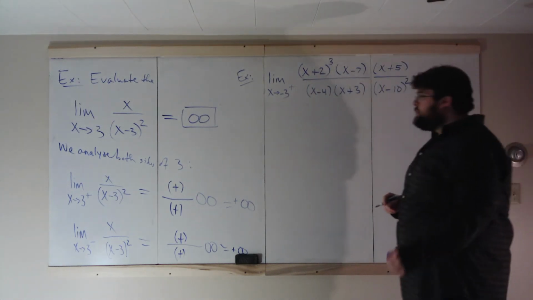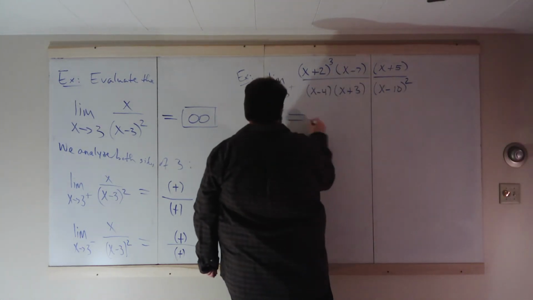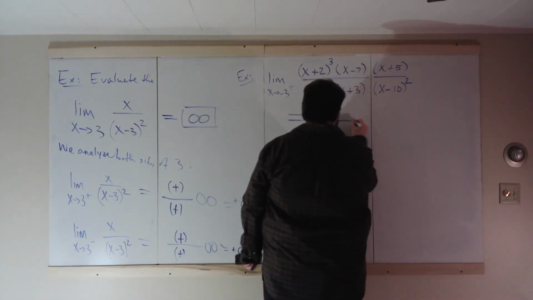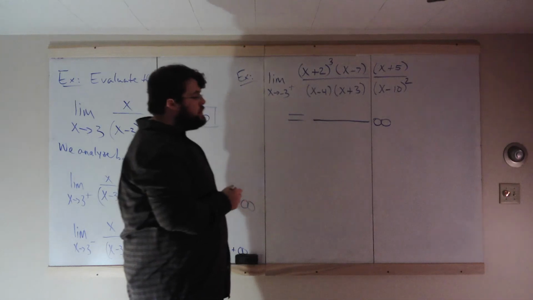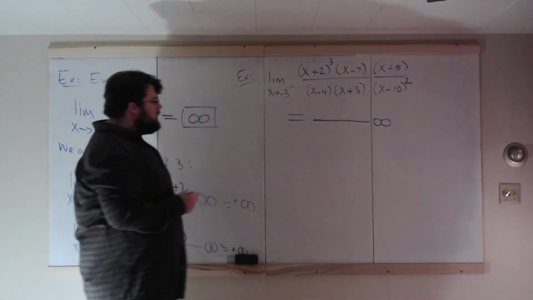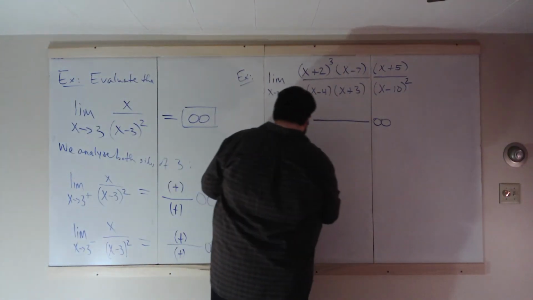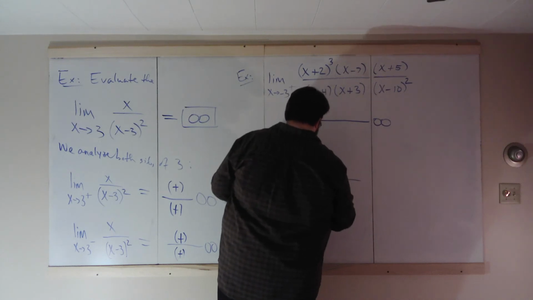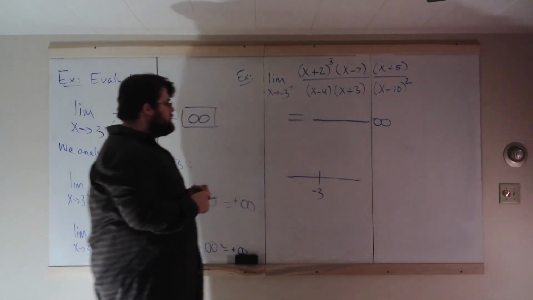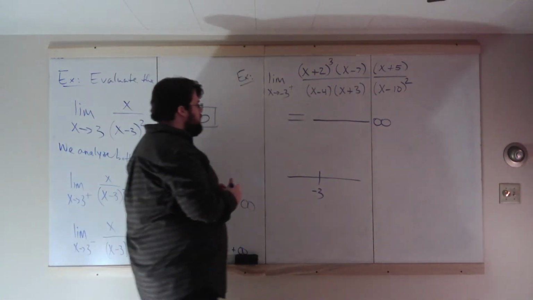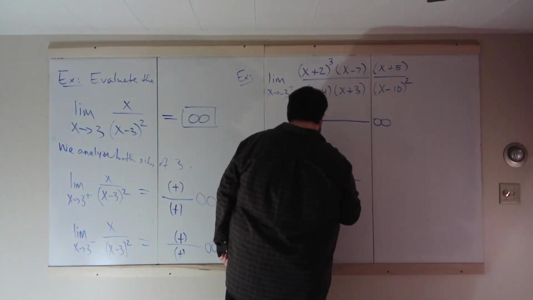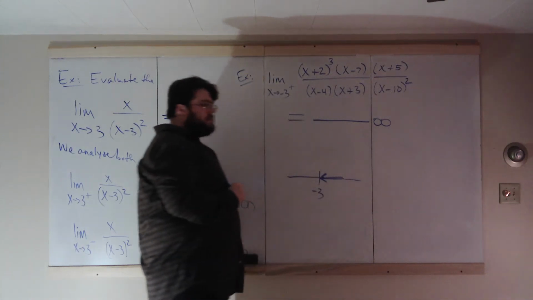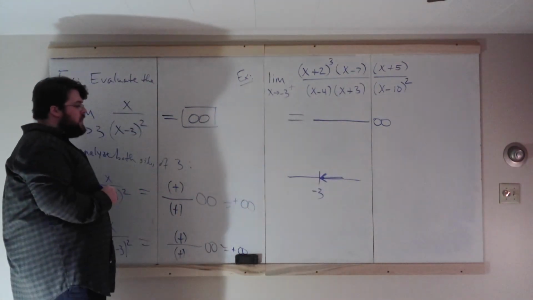So with this, we can immediately jump to our infinity analysis, because we're looking at only one side of negative 3 already. Well, let's slow ourselves down with this negative 3. What does the right side of negative 3 look like? The right side of negative 3 looks like numbers over there.